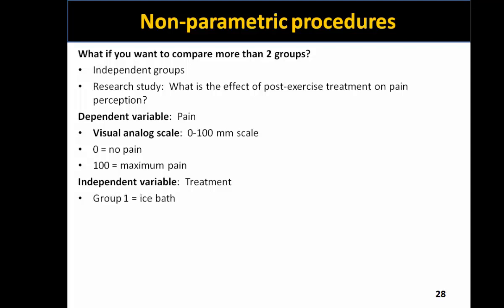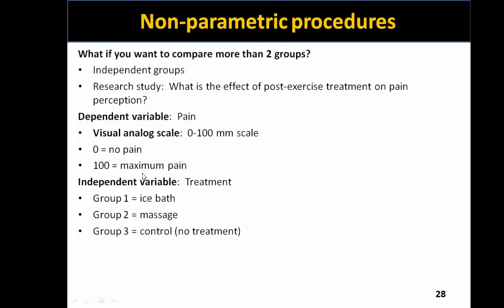So participants in group 1 sat in an ice bath. Participants in group 2 were provided a massage post-exercise, and of course we have a control group which had no treatment.